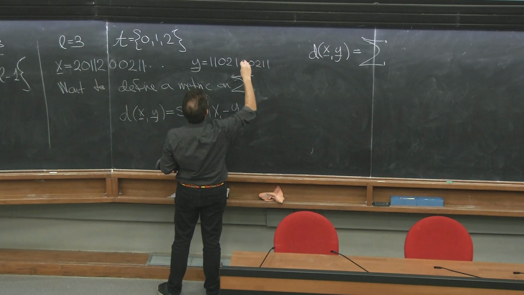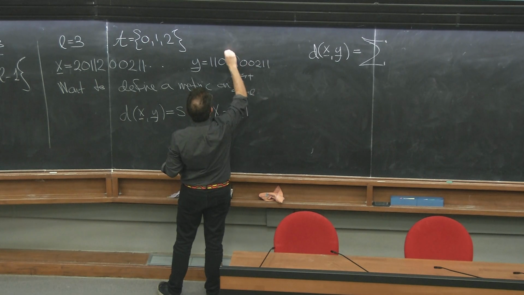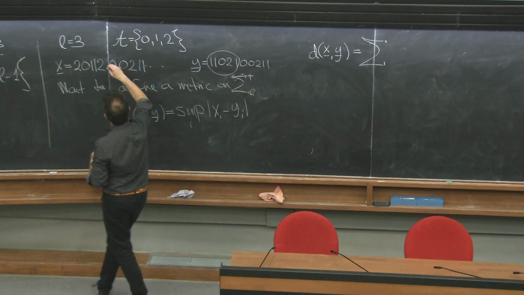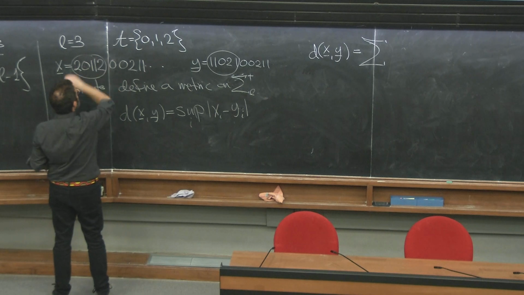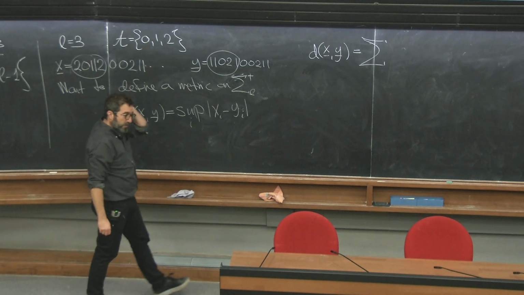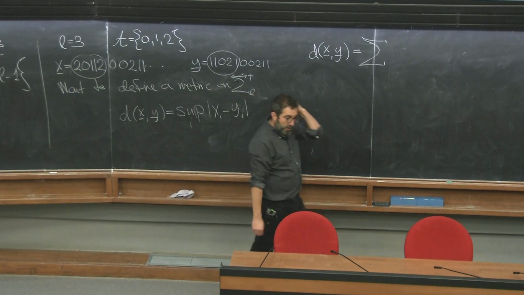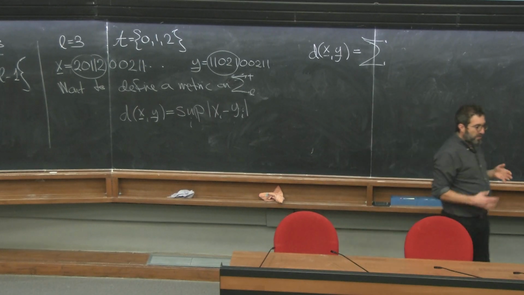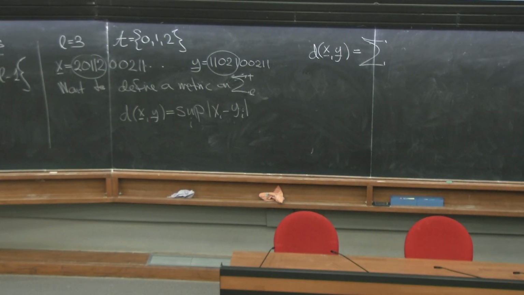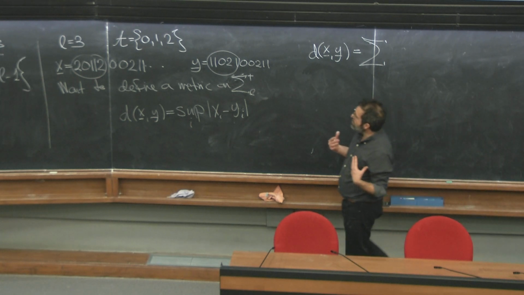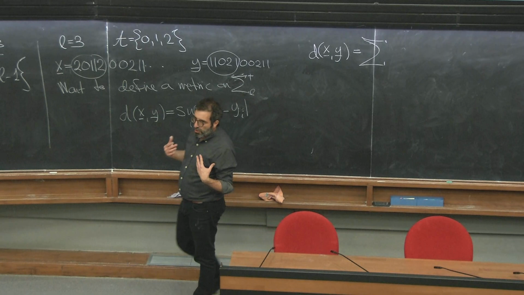The only part where it changes is the first part of the sequence. So would you say that these two sequences are close or far apart in the space of sequences? Close.